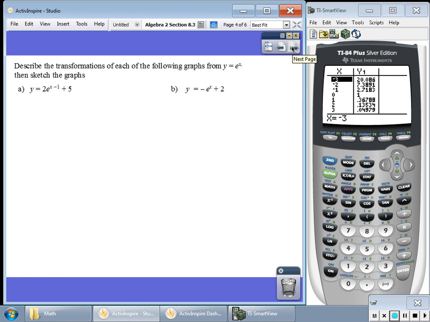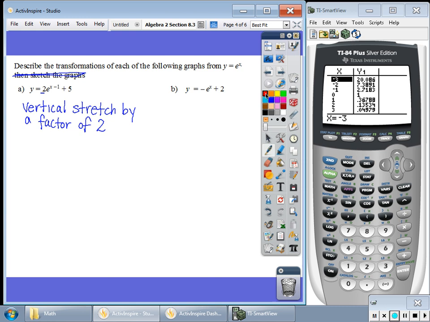Okay, so we're going to describe the transformations of each of the following graphs from y equals e to the x. We're not going to sketch the graphs, because we have some other things we need to do. Looking at here, I see a 2 on the outside, and so that is a vertical stretch by a factor of 2. Again, that was because of this 2 right here.